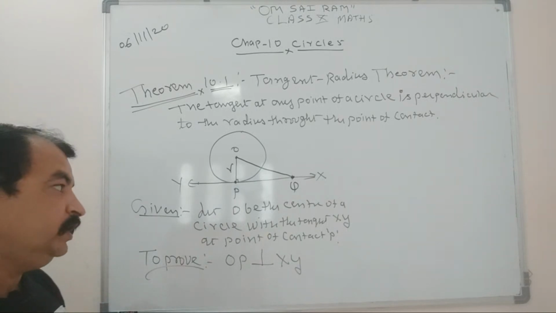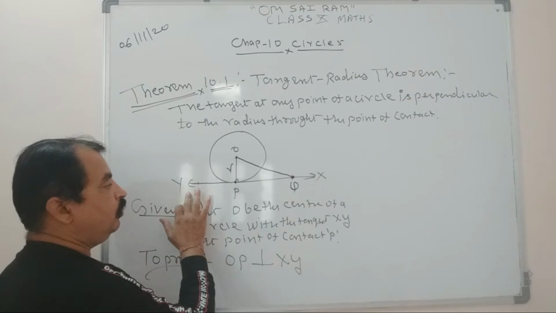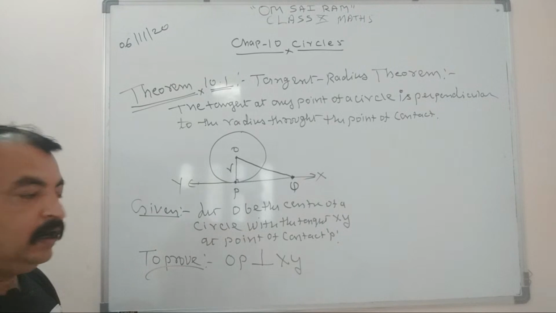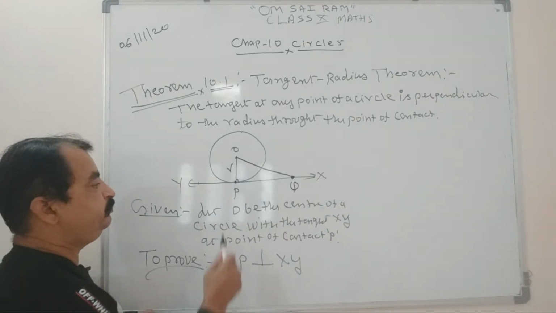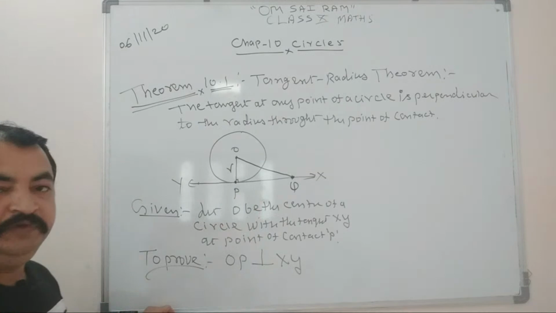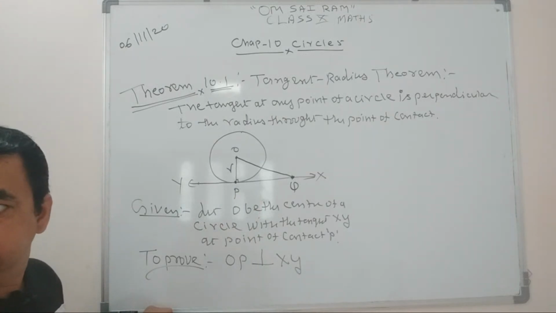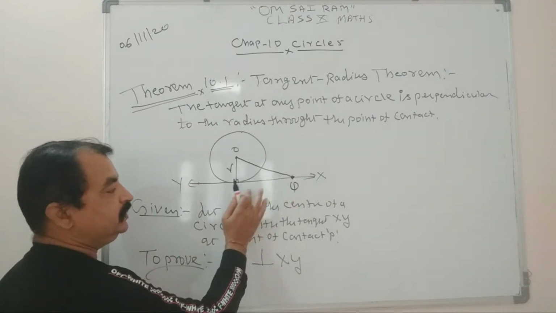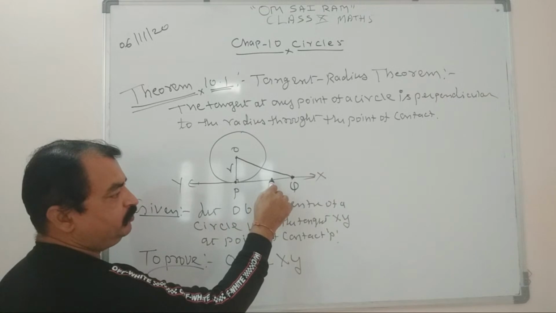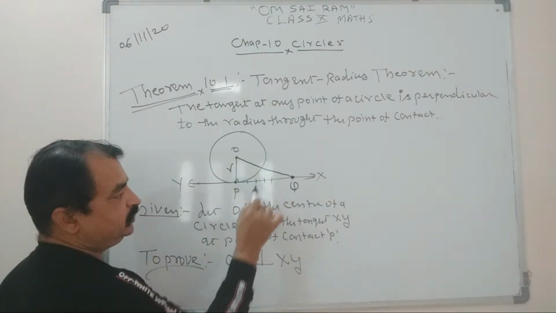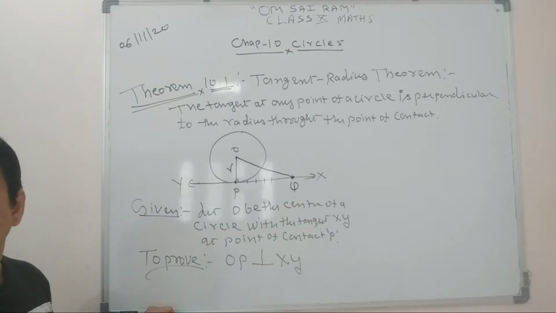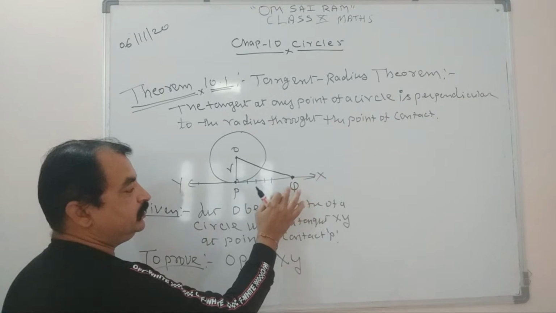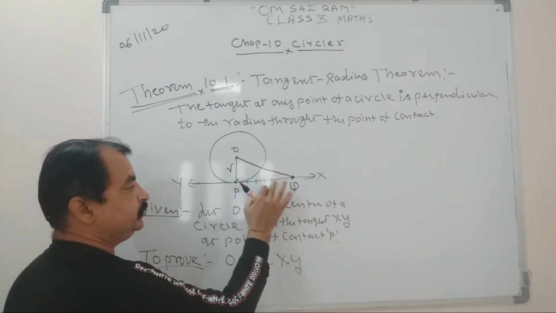So whatever point we take on the line XY other than the point P, all those points are in the exterior of the circle.